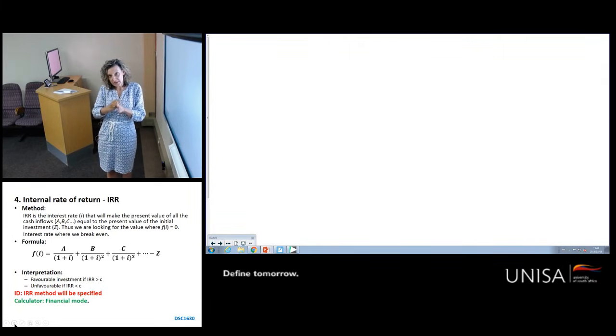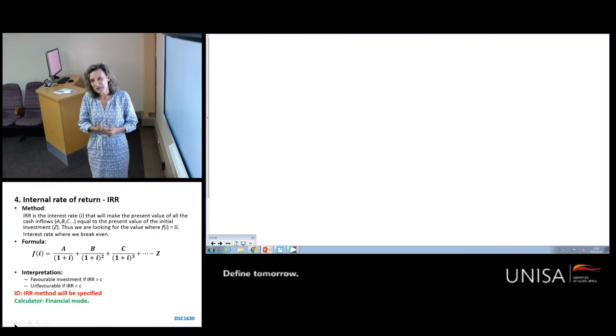Now, the internal rate says, if I move those inflows back in time and I compare them to the outflow, what rate of return or what interest rate must I use to move them back so that I at least break even? Meaning, I don't make a profit, I don't make a loss. What is that interest rate if I compare my inflows to my outflows at the time period now? What will that interest rate be, or what we call the internal rate of return?